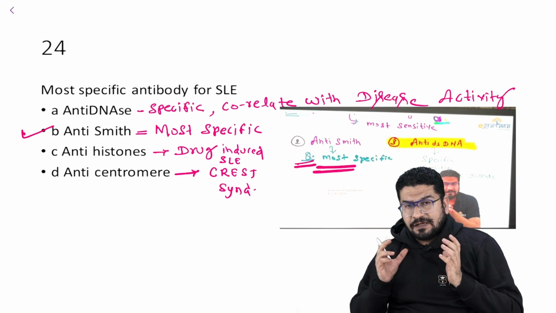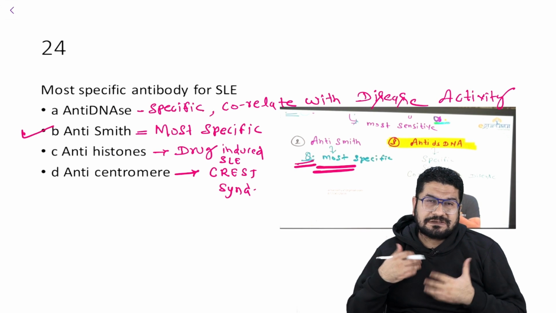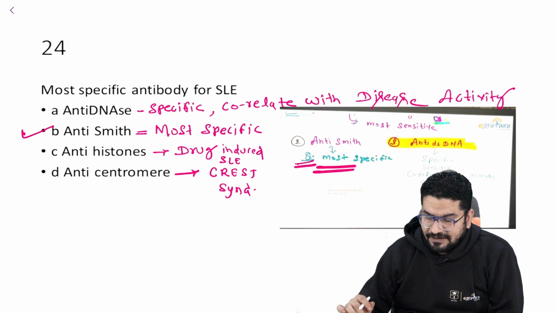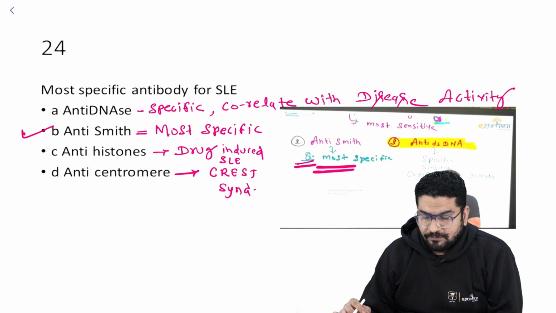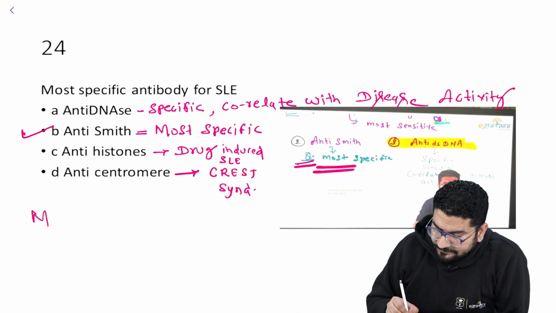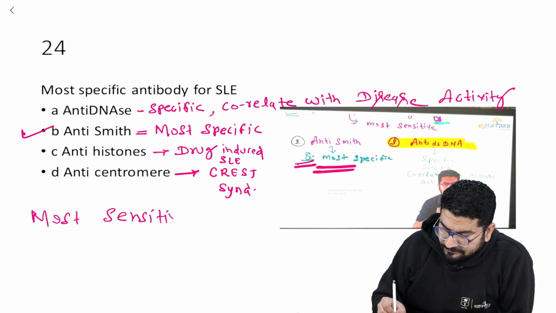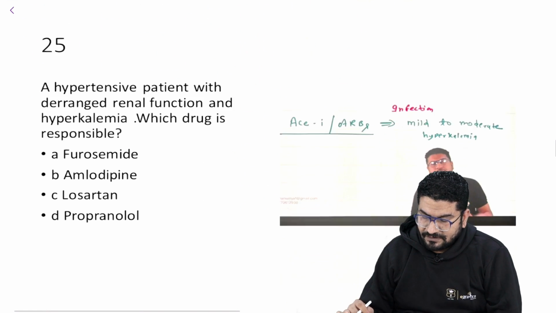That is the antibody we use to assess prognosis, your anti-dsDNA. So the answer for this question will be anti-Smith, the most specific antibody. If I talk about the most sensitive, the most sensitive antibody will be ANA, anti-nuclear antibody.